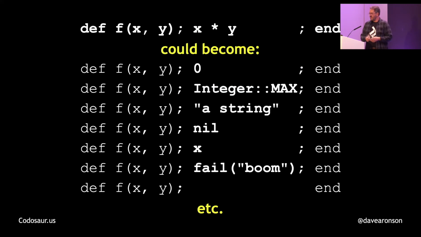And moving on, it could replace a function's entire contents with returning a constant or any of the arguments, or raising a deliberate error, or nothing at all if the language in question permits. There's even a style of mutation testing called extreme mutation testing that only uses complete removal of function bodies.